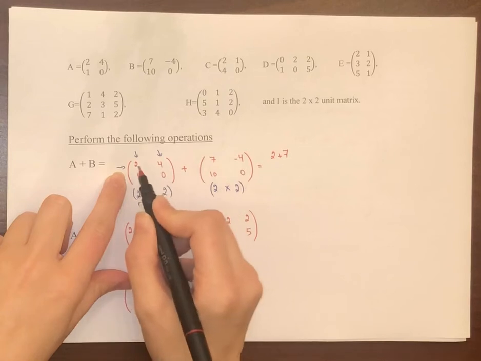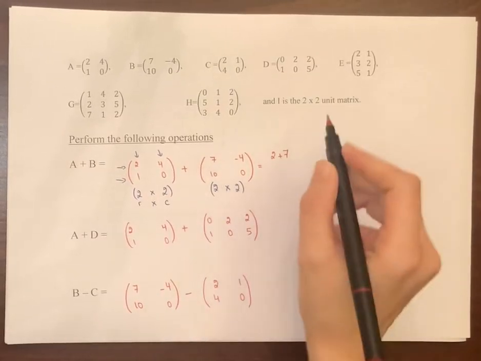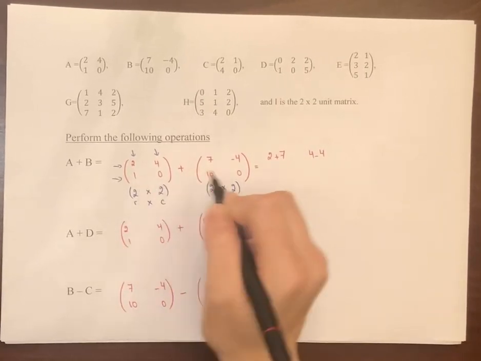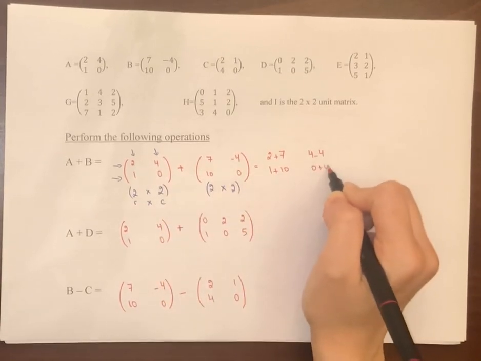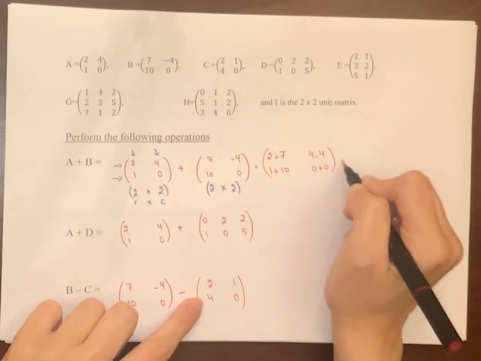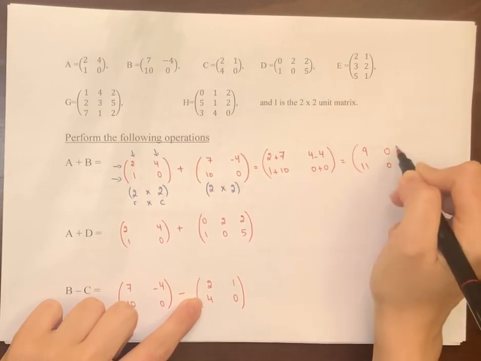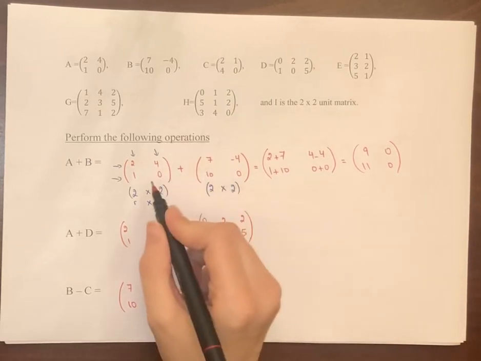This is the first row, the first column, and over here it's the first row, the first column. 4 minus 4, 1 plus 10, and 0 plus 0. So we end up with 9, 0, 11, 0. So this would be the sum of these two matrices.